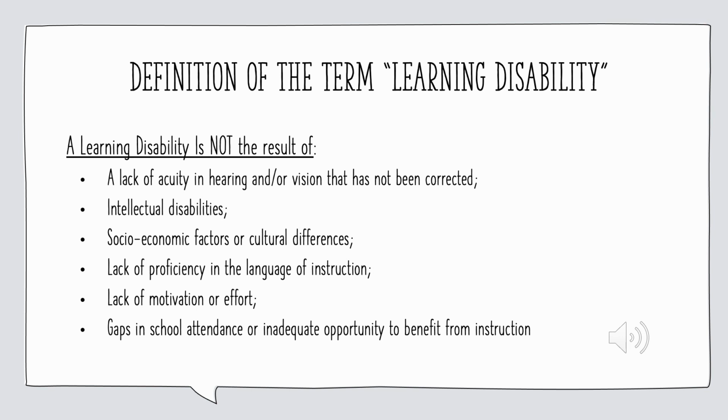It is also not the result of environmental factors such as socioeconomic factors, cultural differences, or a lack of proficiency in the language of instruction. Finally, a learning disability is not due to behavior concerns such as a lack of motivation or effort, gaps in attendance, or inadequate opportunity to benefit from instruction.